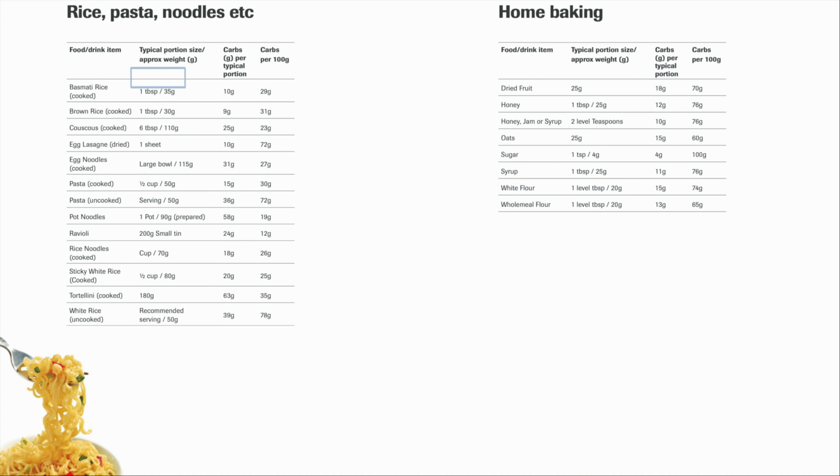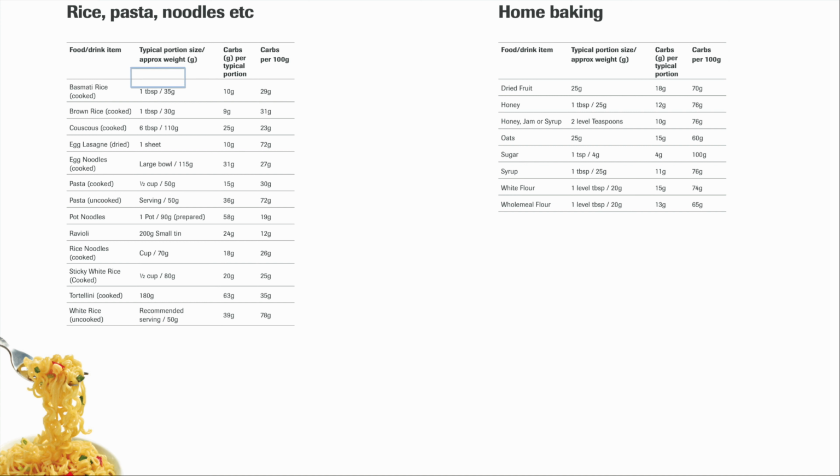Now let's do the calculation using the reference guide. So if we turn to the rice, pasta and noodle section in the reference guide, we can see that there are 29.4 grams of carbohydrates in 100 grams of cooked basmati rice. So now let's do the maths. The calculation is carbohydrates in reference food divided by weight of reference food times by the weight of my serving.